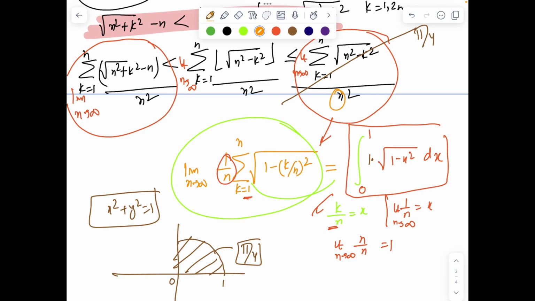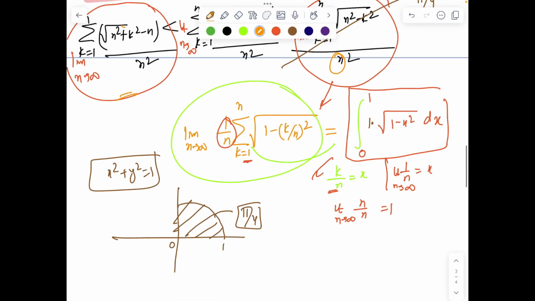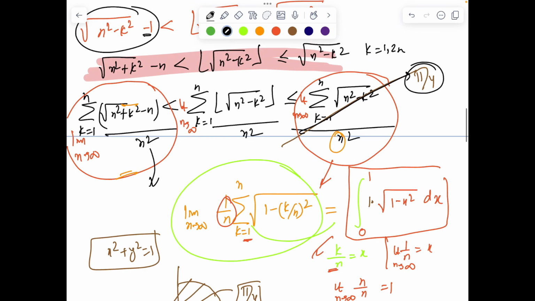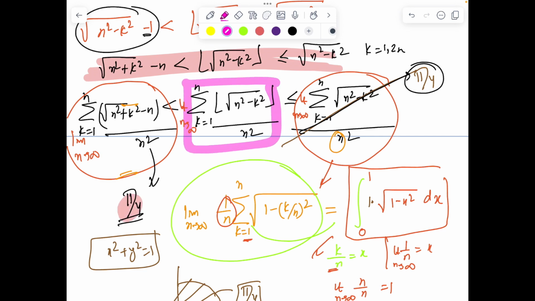Now what about the LHS? Again we can manipulate it a little bit, and similarly you can use the Sandwich theorem over here, and this will also go to pi by 4. Hence the final answer for this question, this entire limit, is going to converge to the value pi by 4.